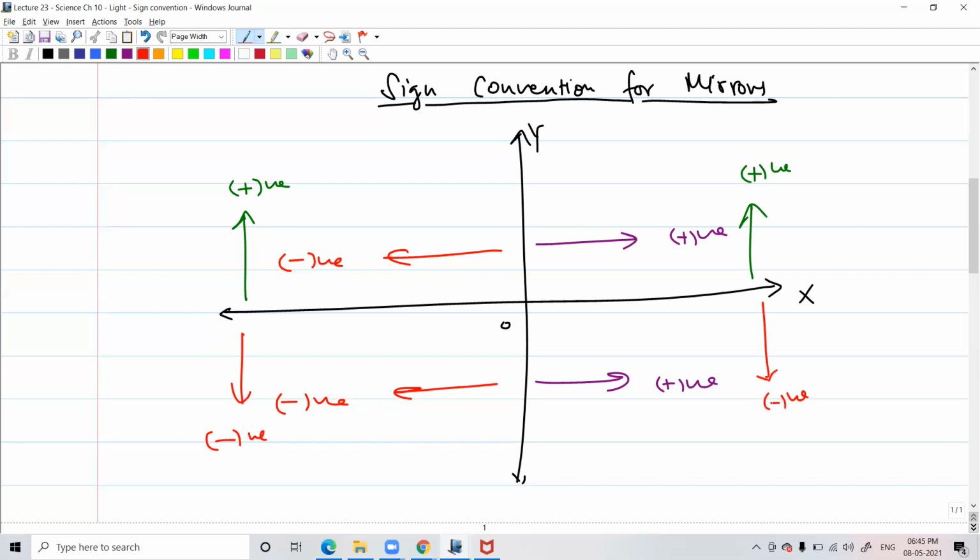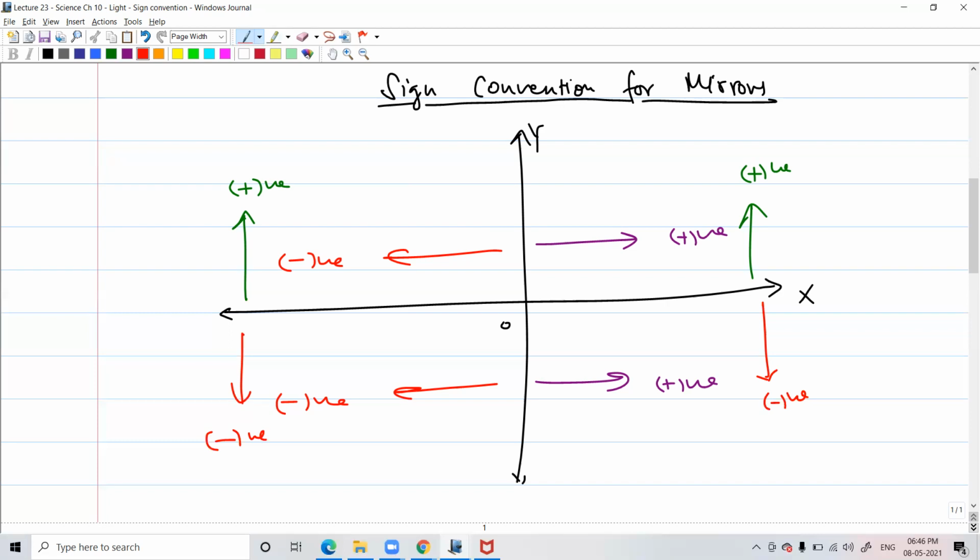So this is the exact same logic you'll be following for the mirrors also. Let me explain how. I'll just confirm, everyone understands this? Okay. If anybody needs more clarification about this, let me know now.